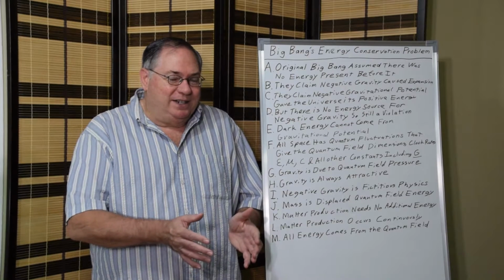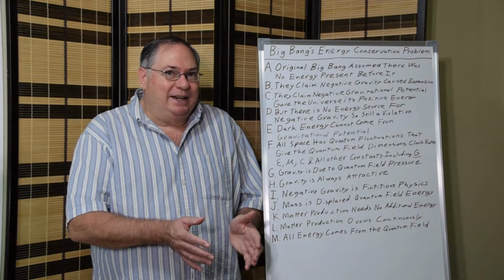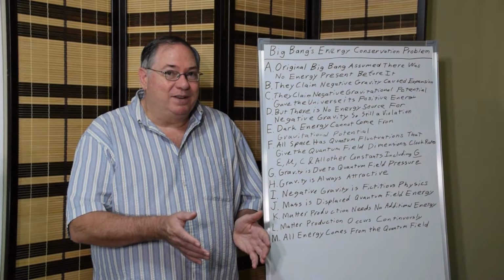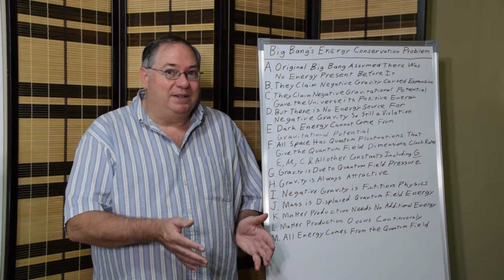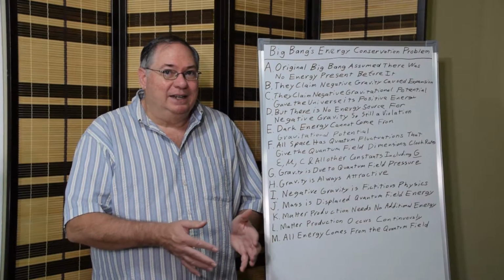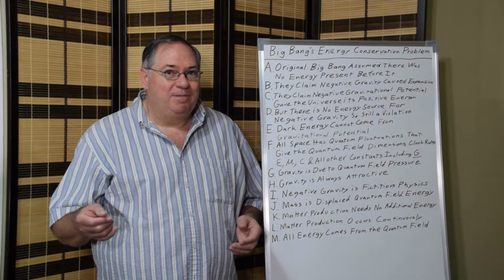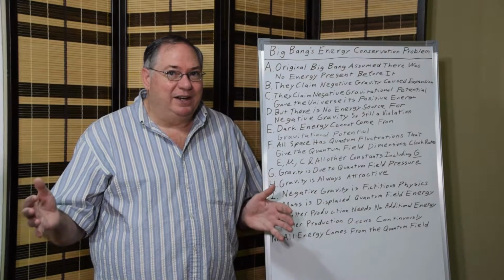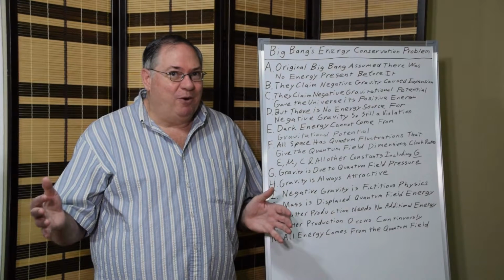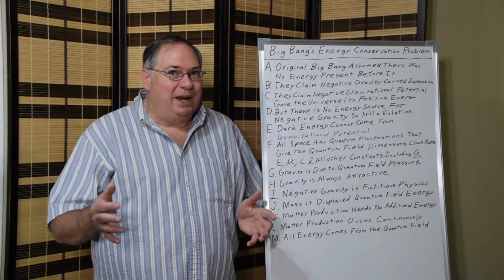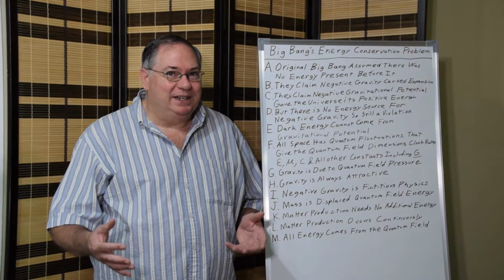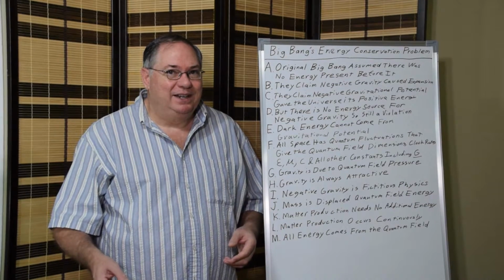They steal energy at the beginning from out of nowhere, violating the laws of conservation of energy in order to have this negative gravity to cause the expansion. And then they steal gravitational potential energy that doesn't go away in order to make matter and all the other forms of energy in the visible universe.